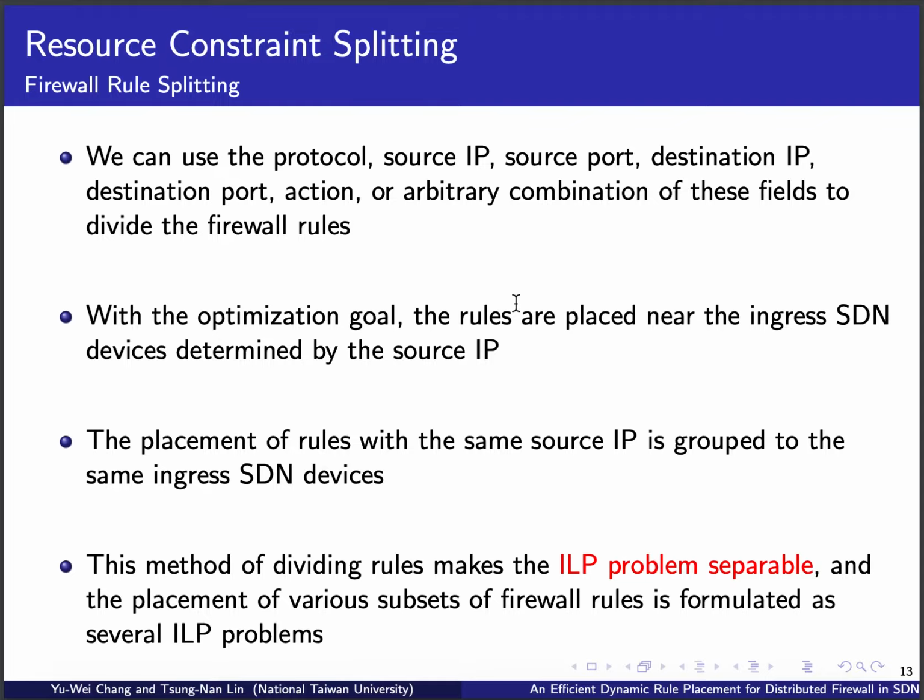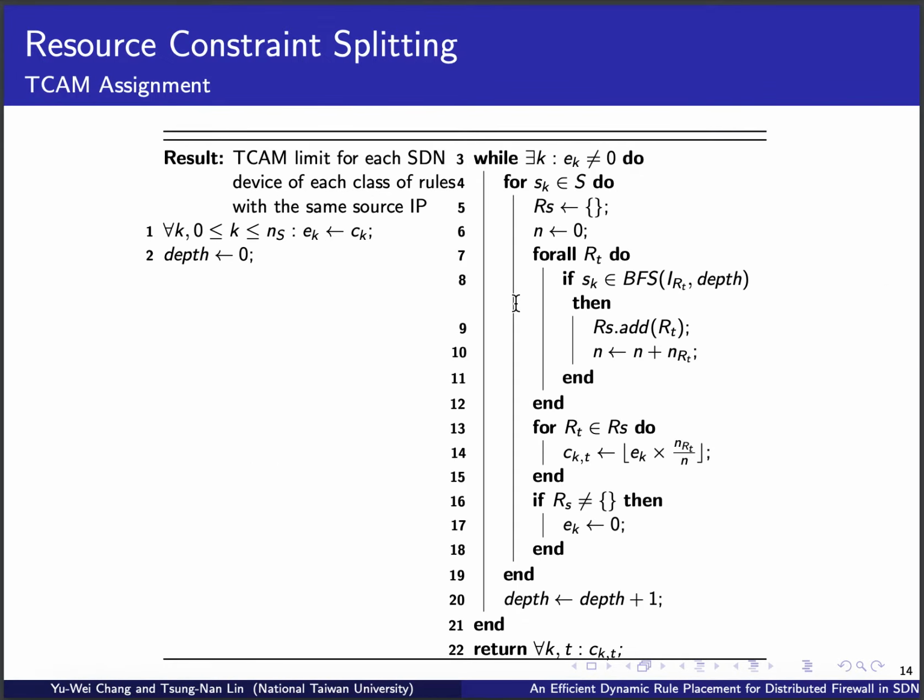So we have used the same source IP to group the firewall rules. This method of dividing rules makes the integer linear programming separable, and the placement of various subsets of firewall rules is formulated as several small ILP problems.